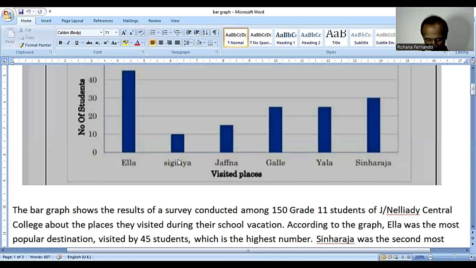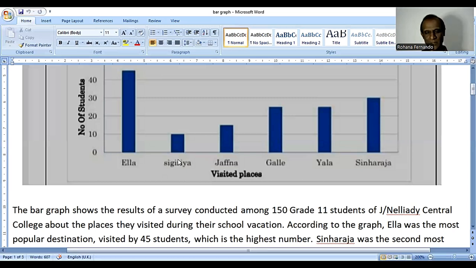Ella is the most popular destination, visited by 45 students, which is the highest. This is the short and sweet way of putting together the highest and highest figure.